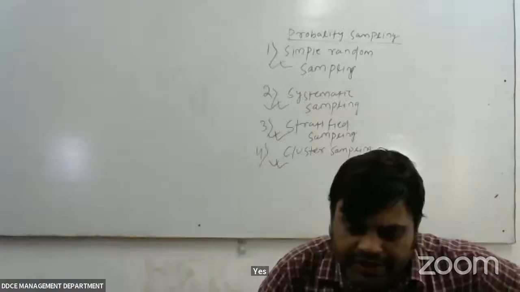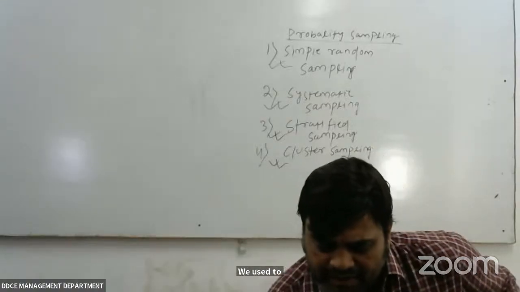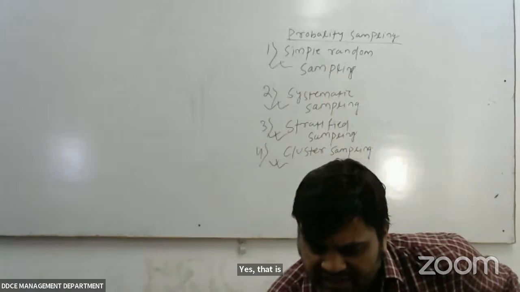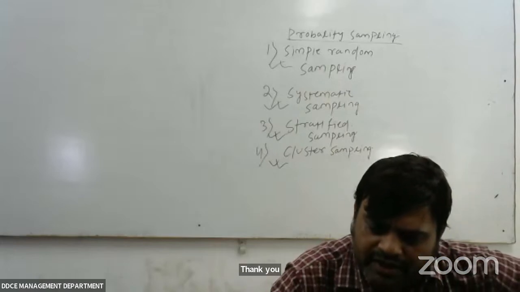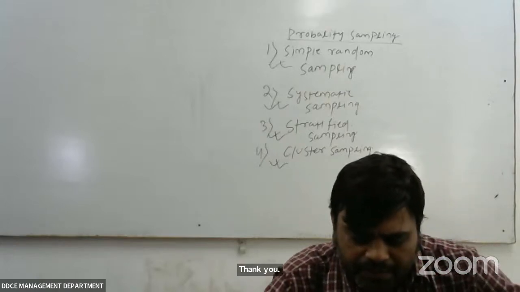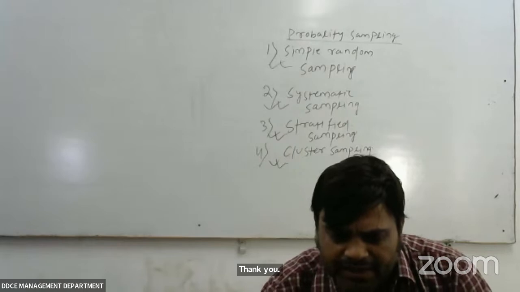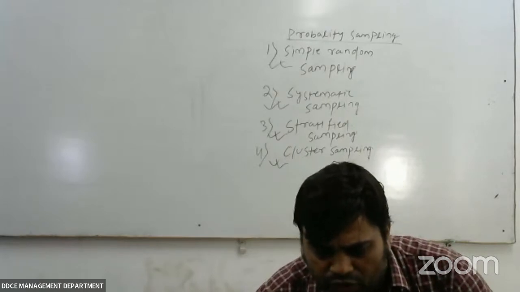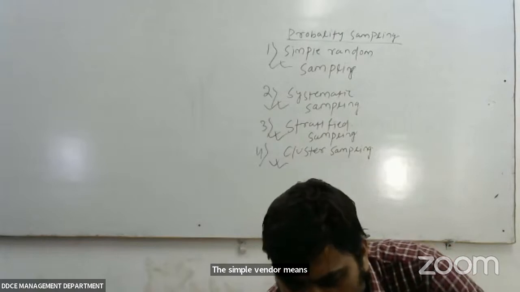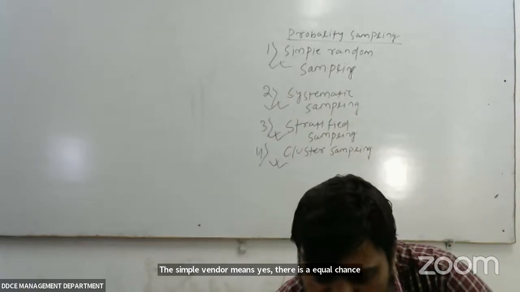Random means that it comes under chance. Simple random sampling means if my sample is collected from a particular population, there is an equal chance that I will touch any respondent. Every respondent has an equal chance.